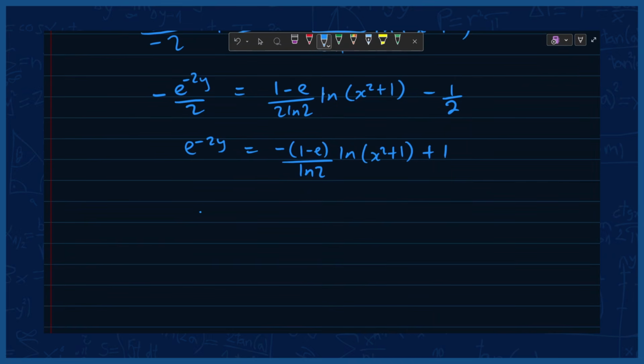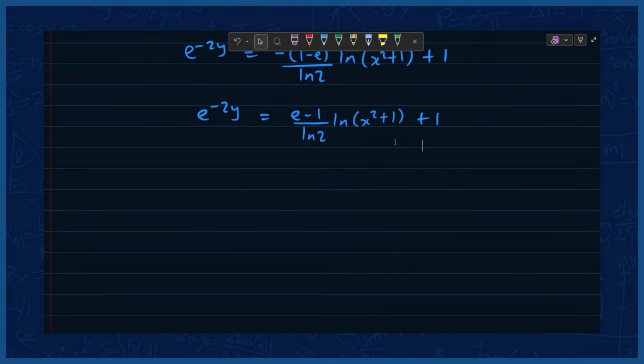Okay, so I've got e to the negative 2y is equal to, if we expand this, I end up getting positive e minus 1 over ln 2, and that is ln of x squared plus 1, plus 1. And now I'm going to take ln on both sides so that I end up with negative 2y, and this is ln of this whole thing.